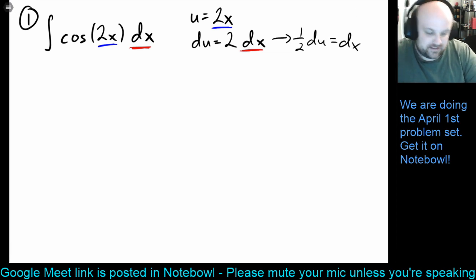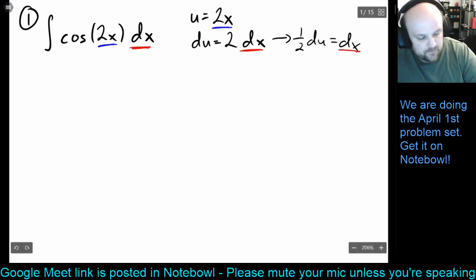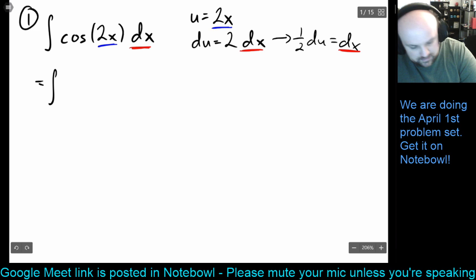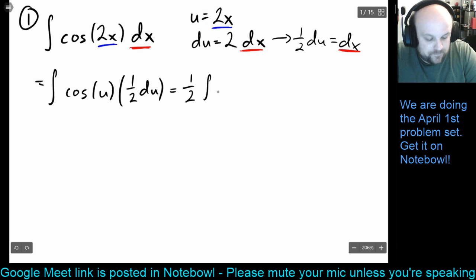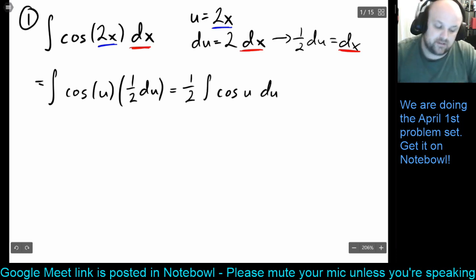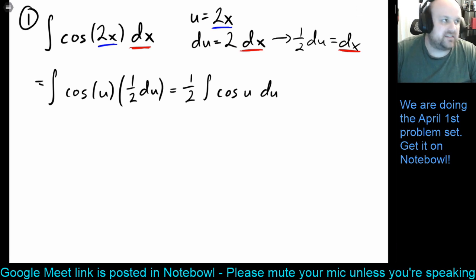And then we can just pop everything in for the integral. This integral becomes cosine of u, and dx turns into 1/2 du. So we're going to put that 1/2 on the outside here. You can leave it on the inside; it's actually not a big deal if you do, but I think it's always nice to pull out those constants if you can.